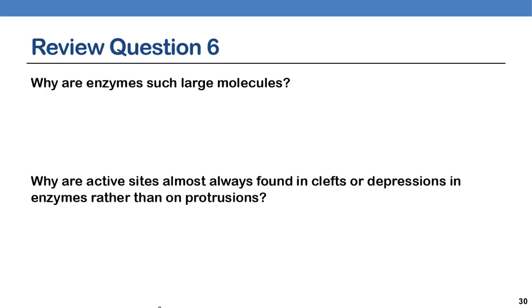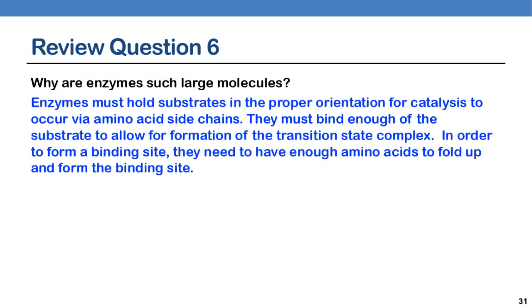It's saying clefts have more surface area to bind substrates, efficiency, more selective. Yep. Large molecules so they can stabilize intermediates. Nice. To have better binding affinity, selectivity. Excellent. Yeah, these are all great points.